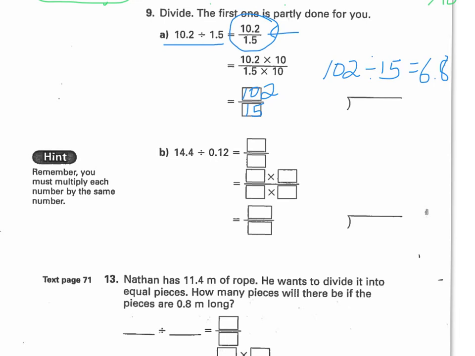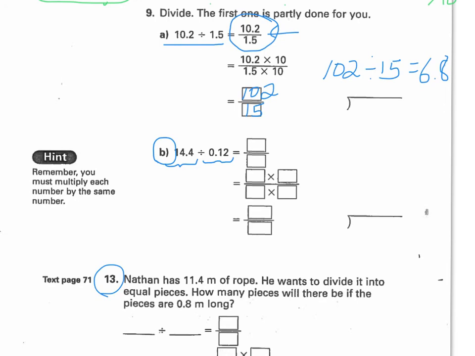Check that with the calculator. You are going to do question B and 13 the same way. You will notice there are 2 decimal places here. You will need to multiply it by 100, and this number will also be multiplied by 100.